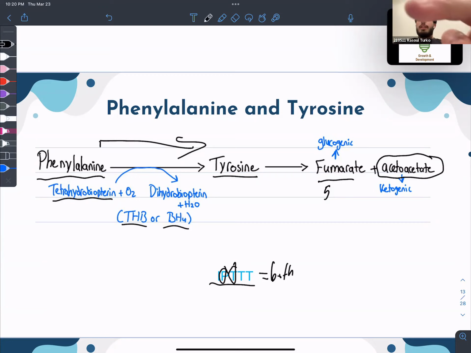It needs tetrahydrobiopterin to become dihydrobiopterin, which then yields tyrosine. So in the exam, if they ask what cofactor that reaction requires, it requires THB or BH4.